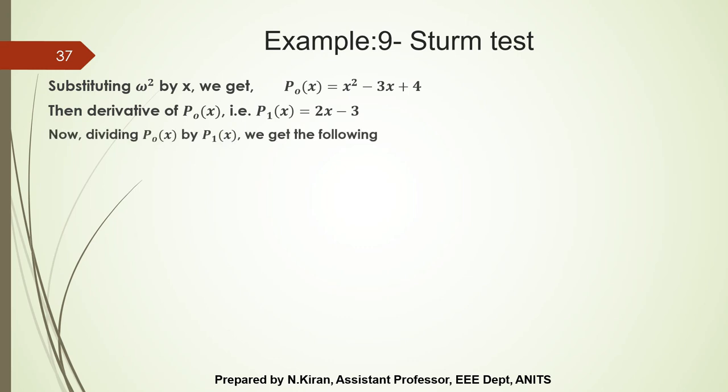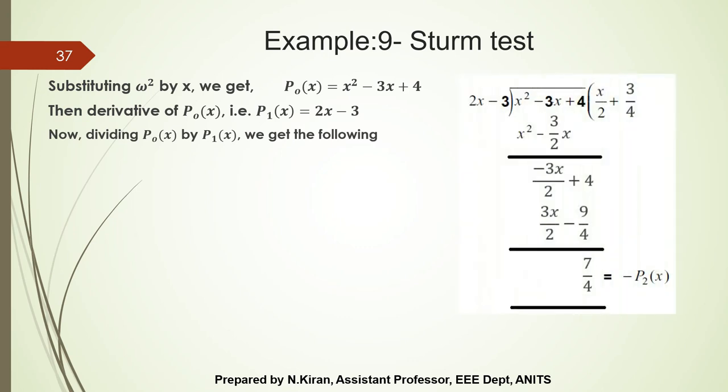Then I'll divide P naught of x by P1 of x, and if I divide, I'll get the following, isn't it? Because I have 2x here, I need x squared. So I'll multiply x by 2, which will cancel my first term, giving me the remainder minus 3x by 2 plus 4.